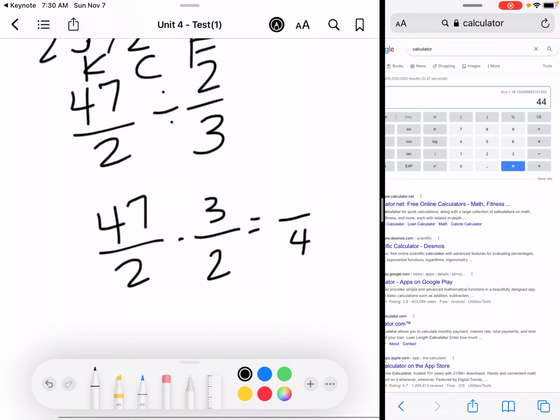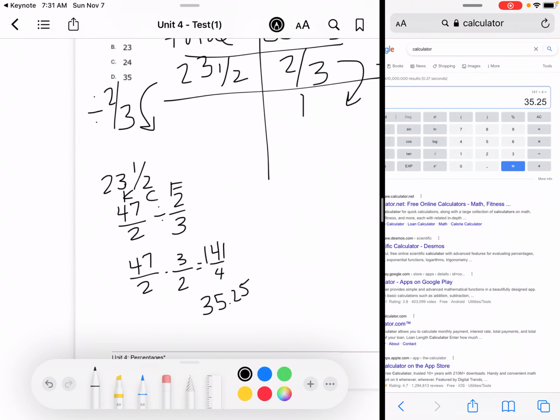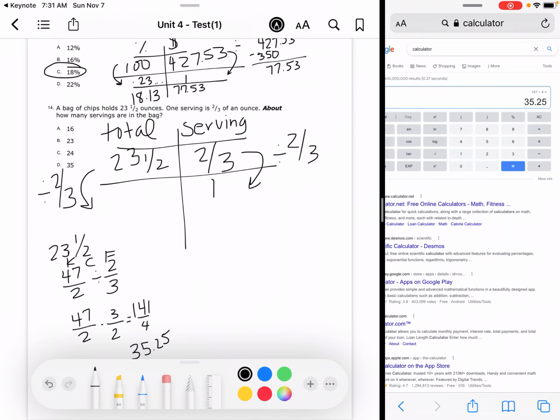So 47 times 3 is 141. Divided by 4, I get 35.25 servings. So it says how many servings are in the bag. 35 servings are in the bag.